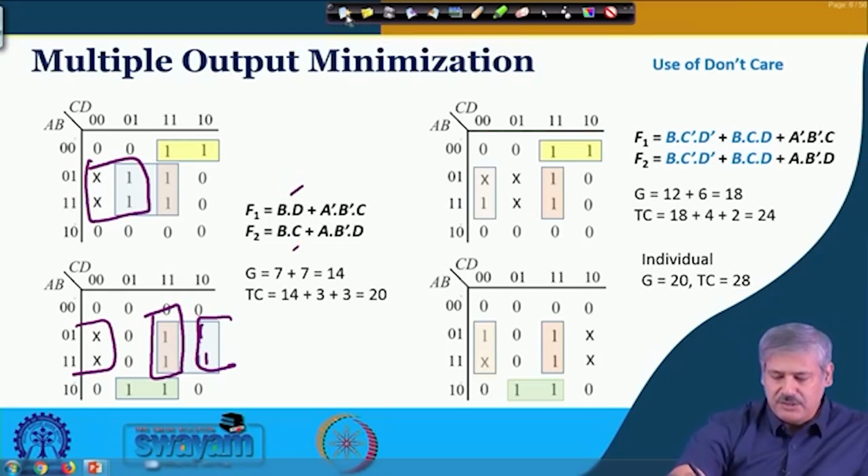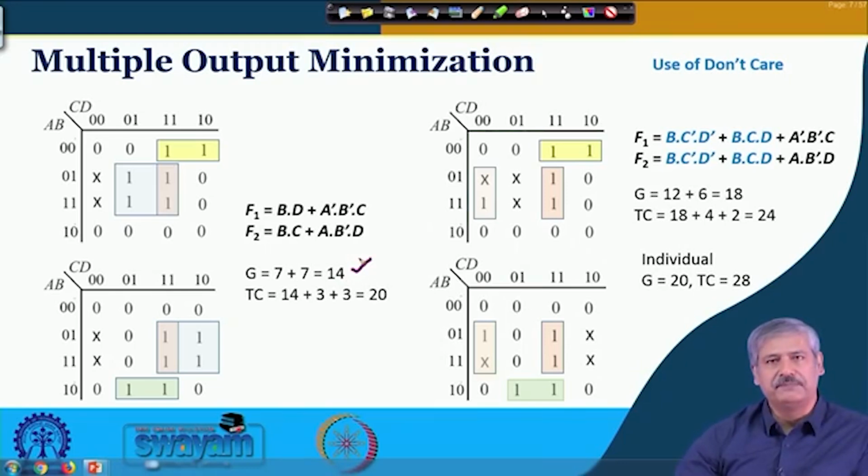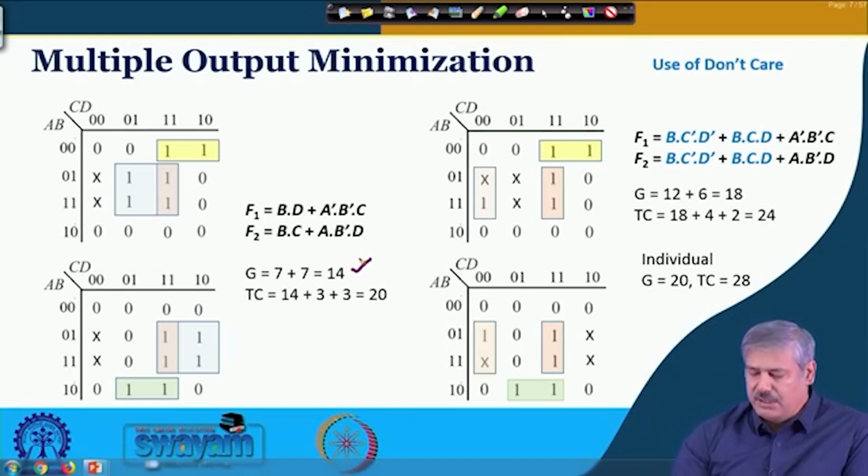So, here these do not care cases, we are simply ignoring them and going in the manner as it has been shown, by which we are reaching a gate input cost of 14 and total of 20. Now, let us look at a little bit more complex thing, where the do not care cases are this one.